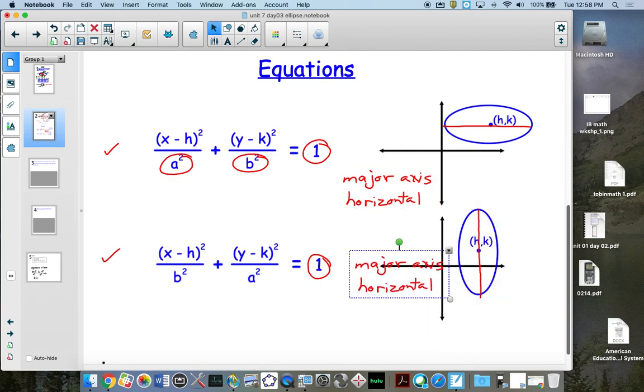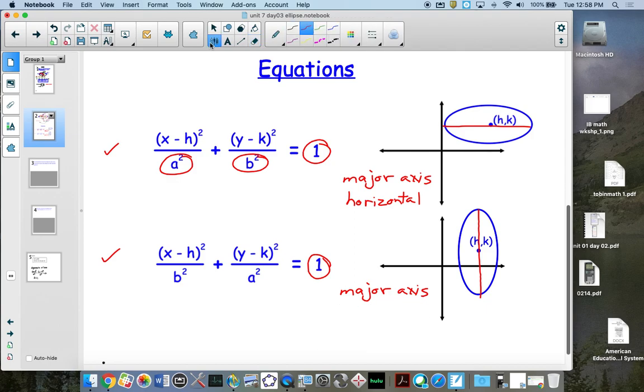And if, on the other hand, the bigger denominator is underneath the y term, then the major axis is going to be vertical. And so that's key in trying to figure out what the equation is going to be.